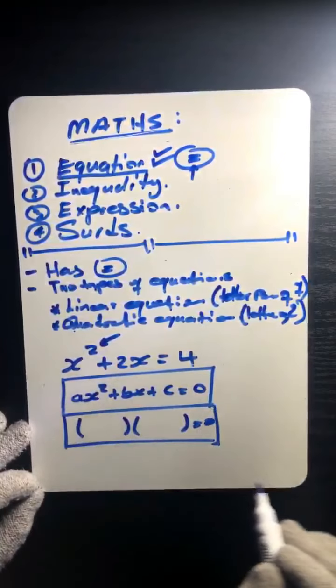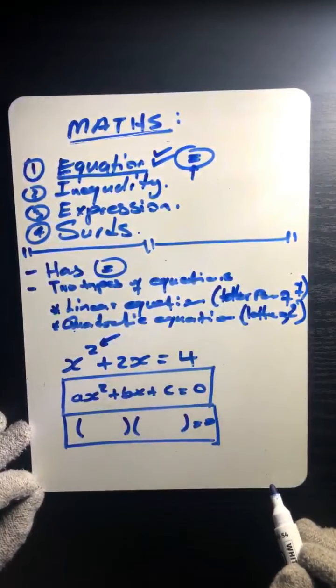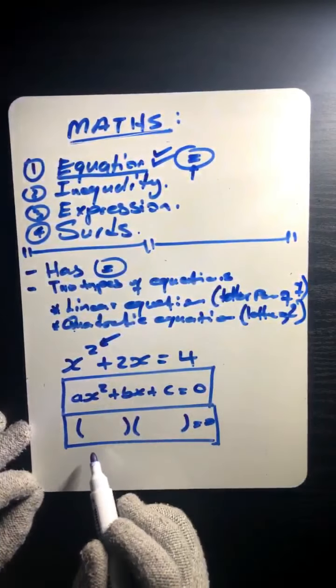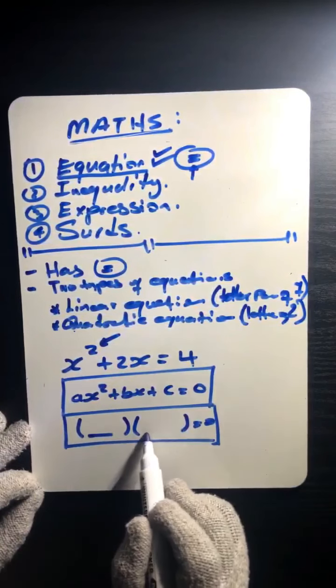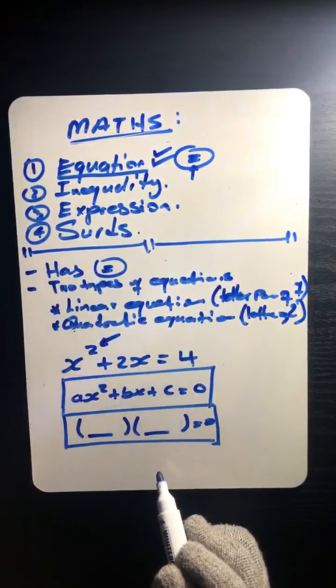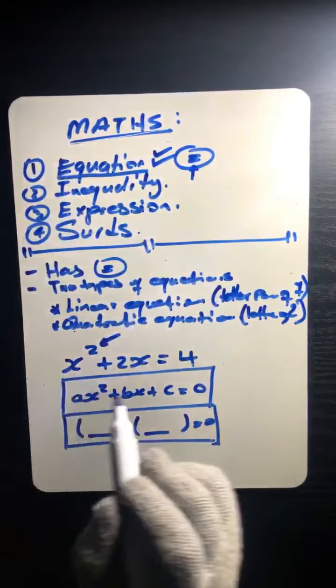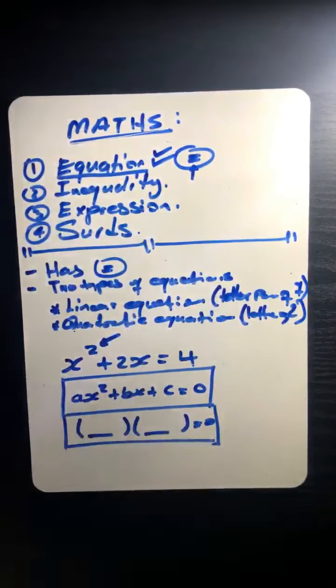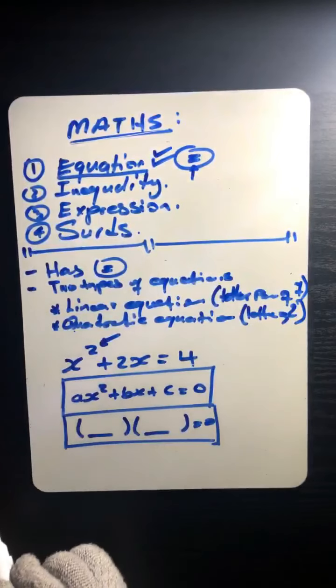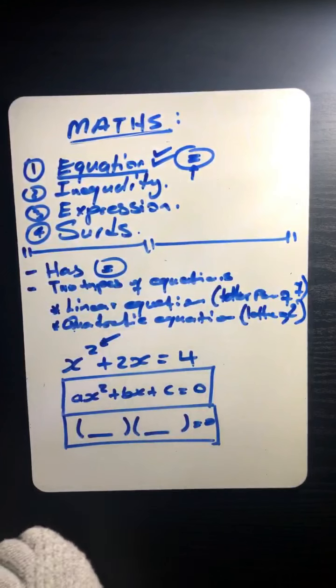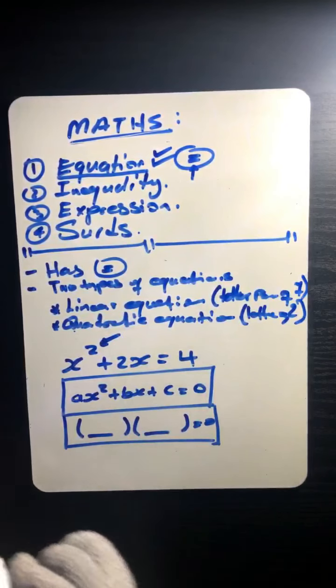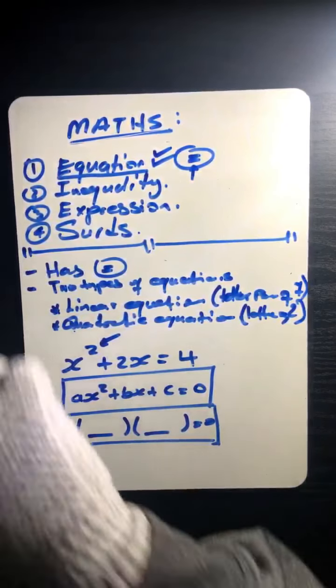Do you agree with me on that one? Yes. So can you see that you're going to have this equated to 0, that equated to 0, then you're going to have two values of the unknown, which could be y, it could be a, it could be t for Tsepa, it could be m for Mato. Do you agree with me on that one? Yes. 100%. So can we now move to another type of problem?